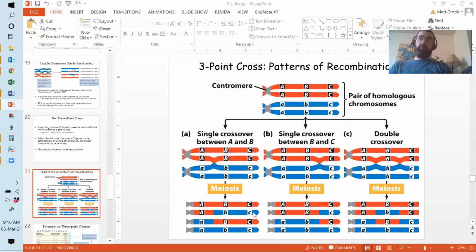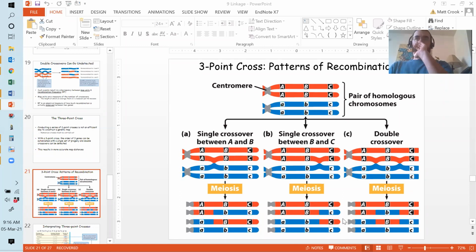But because it's reciprocal, you have to have the mirror image. It's just how it works. You're going to have lowercase a, capital B, C, or dominant B and C. Hopefully that makes sense. So for every one of these four classes, you're going to have two groups of progeny, which are going to be the mirror image of each other.